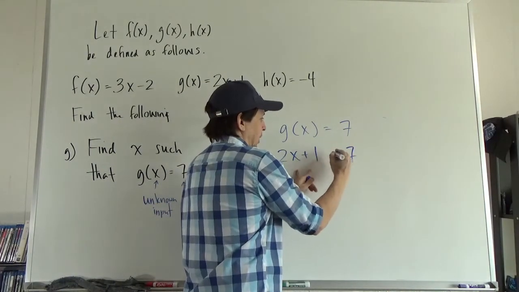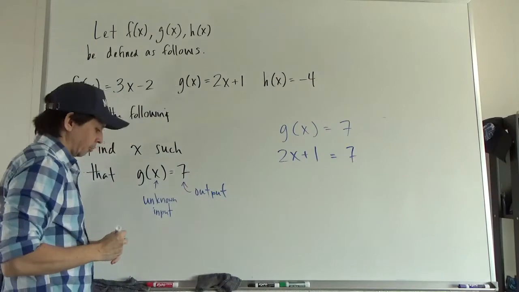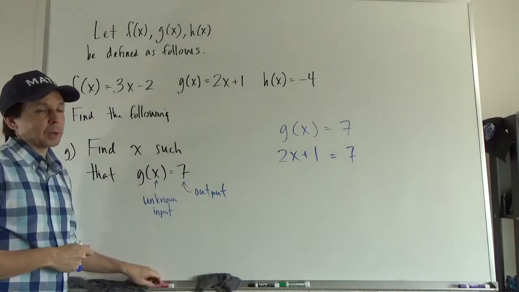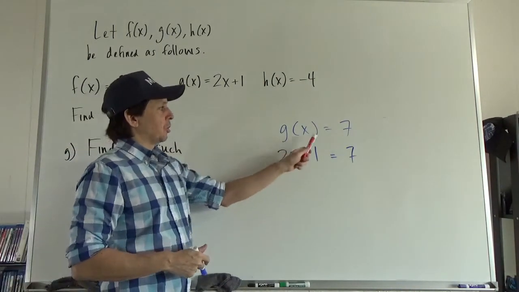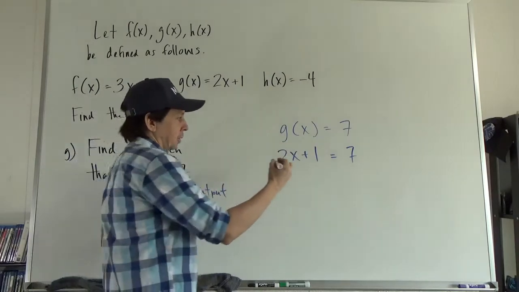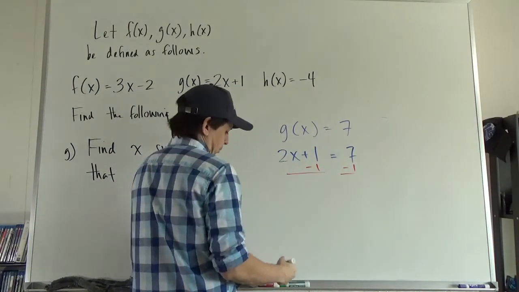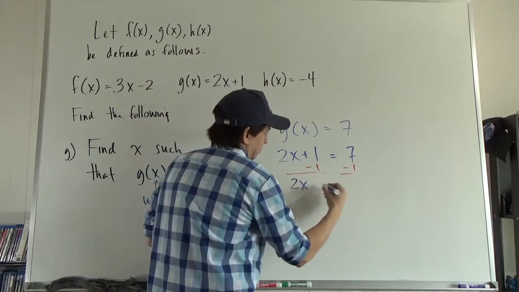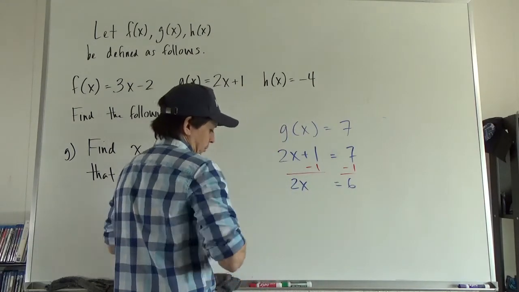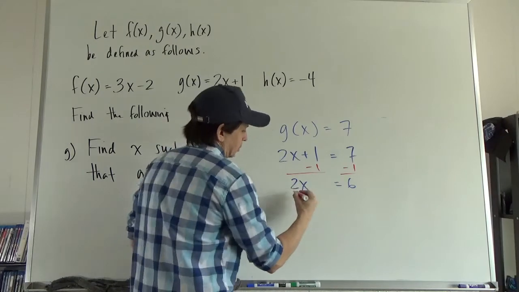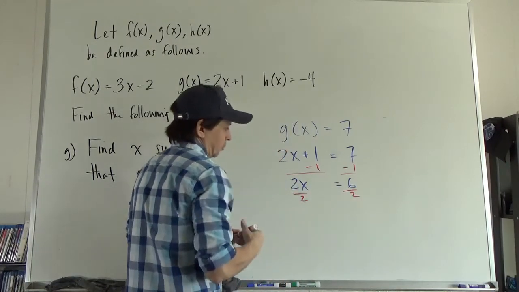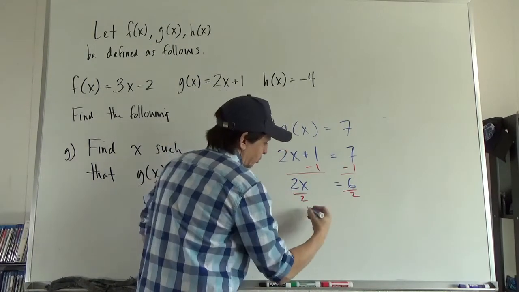So I want to find the x that will make this equal to 7. From there, it's just solving. So you're setting up an equation. The function definition is equal to the output, and solving. And I get x equals 3.